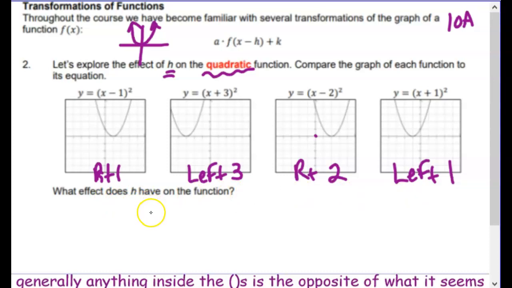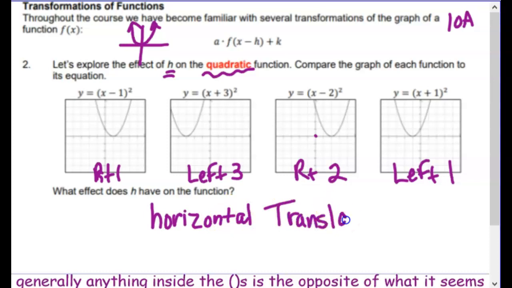Anybody know the fancy name for shifting something left or right? It would be a horizontal transformation. Translation, sorry. Horizontal translation. I'm okay if you just say it shifted it left 2 or right 3, okay?